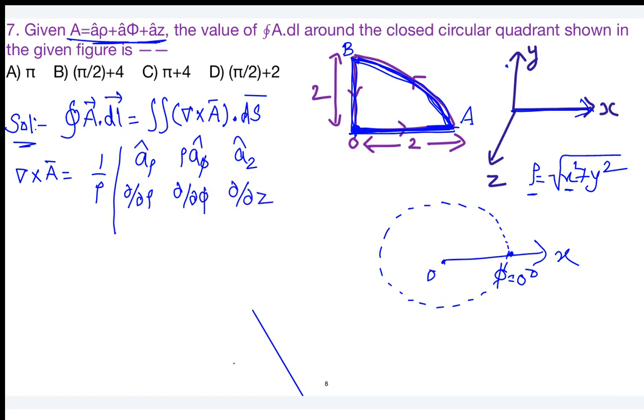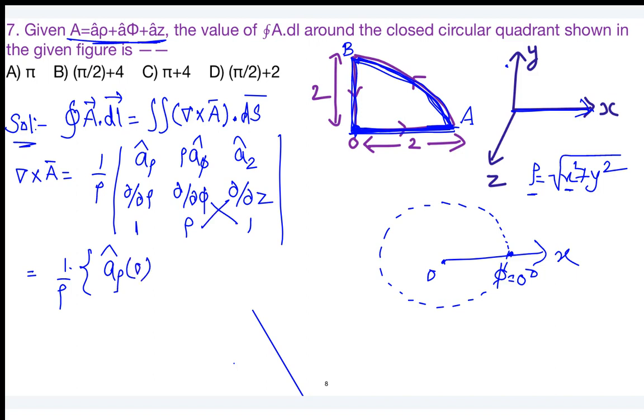So what will be the value you will get? 1 by rho a rho cap into, so you will get 0 here, there is no rho coefficient, minus rho into a phi cap, dou by dou rho of 1 and dou by dou z of 1.